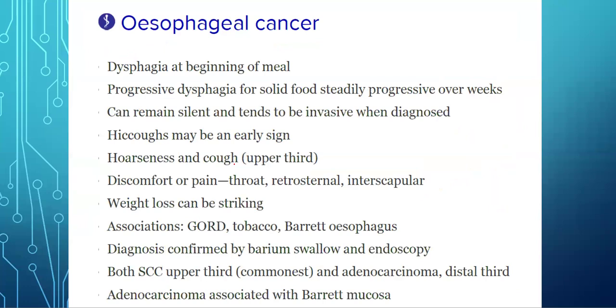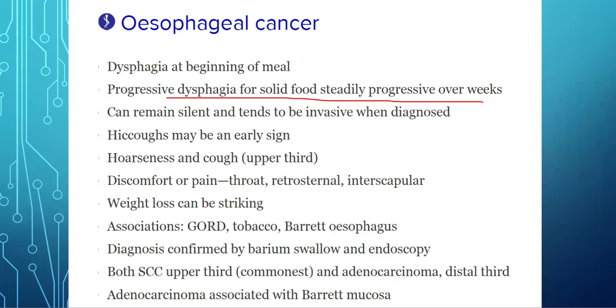How about esophageal cancer? To think of esophageal cancer, those red flags are very important. Let's say a patient above 50 years old comes to you with dysphagia towards solids and progressively getting worse.